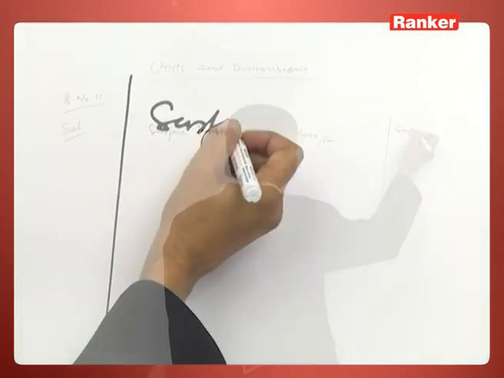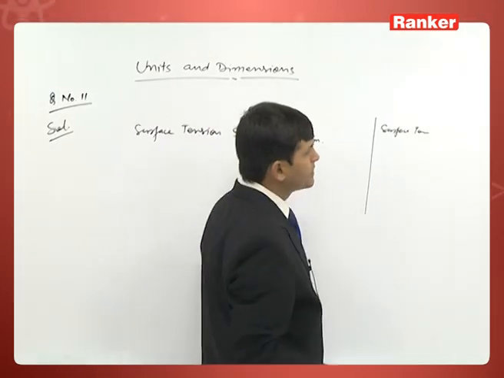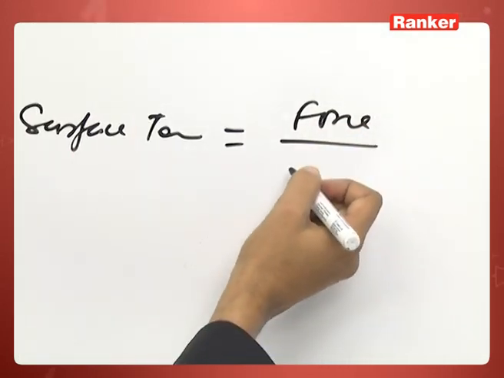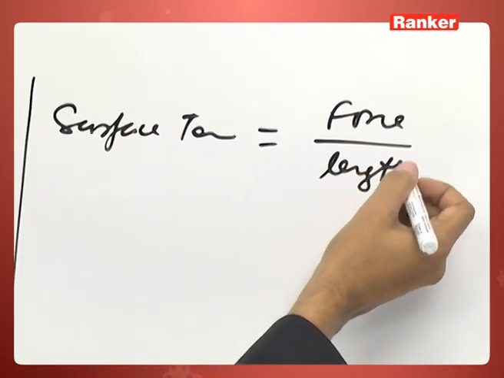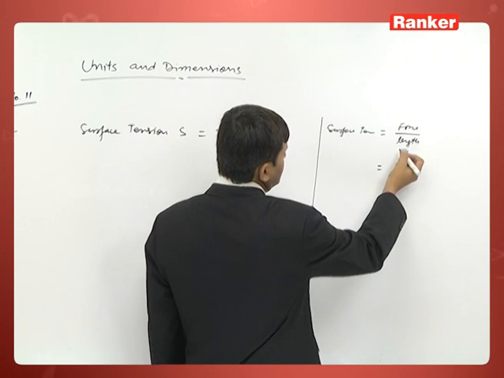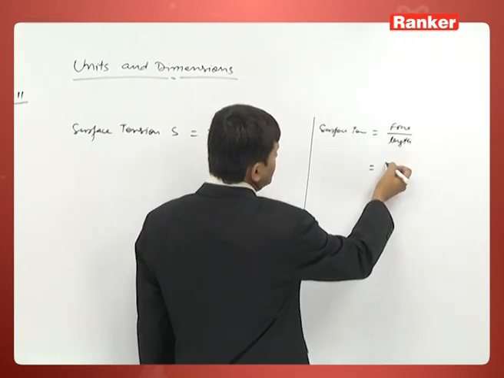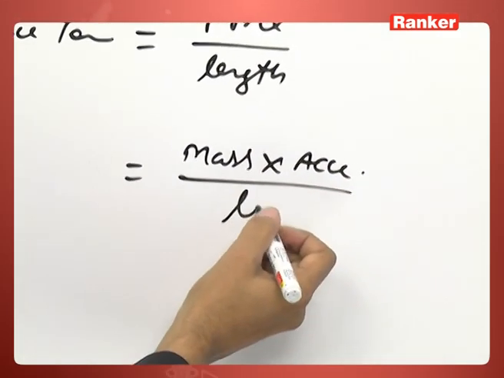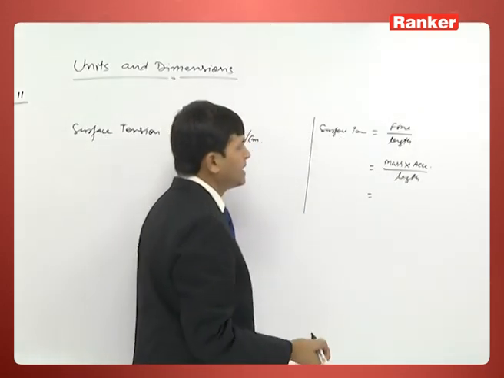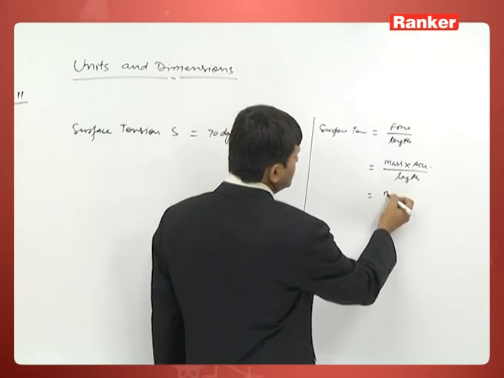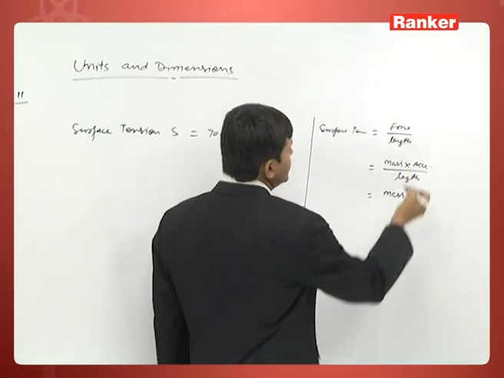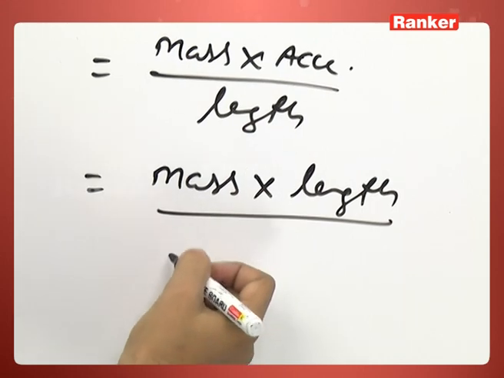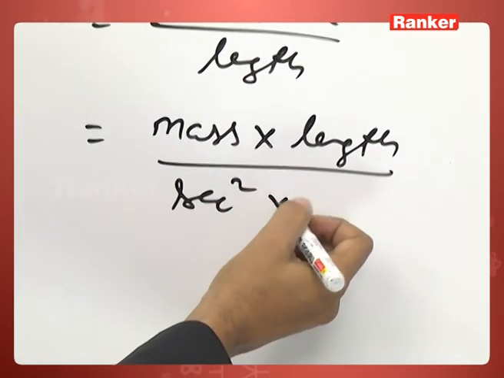In the definition of surface tension, surface tension is nothing but force per unit length, and force is mass into acceleration, divided by length, and acceleration is length per second square. So surface tension is mass into length per second square into length.